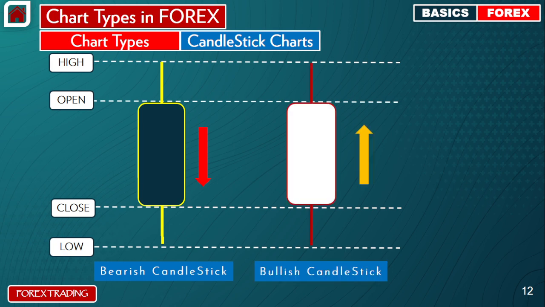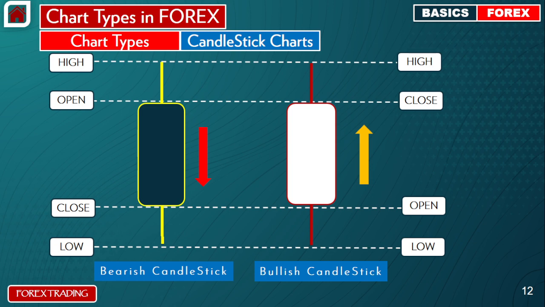And then we have another candle which is bullish, which means that the price is going up. And now the system inverses. We have open price here, and then close price here, and then the wick or the long shadow, the maximum it goes, shows the highest price, and then we have a low price, the low wick or the low shadow.